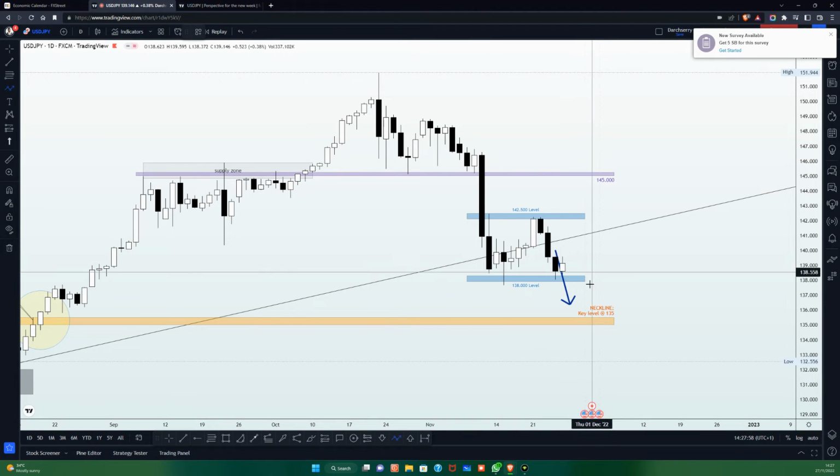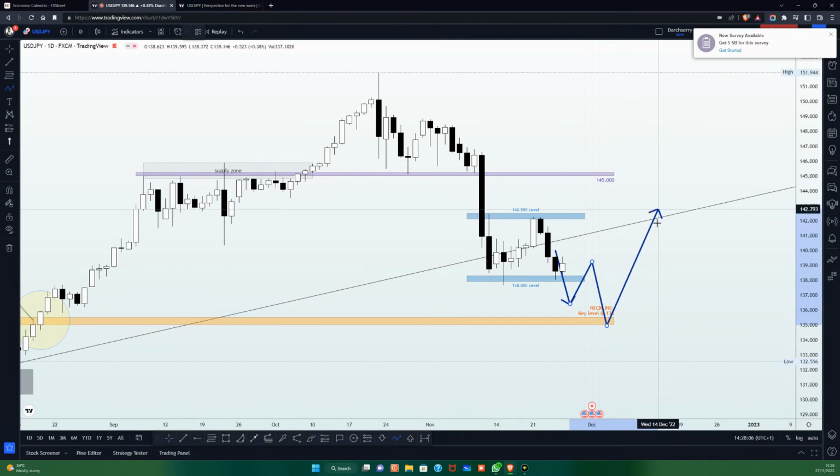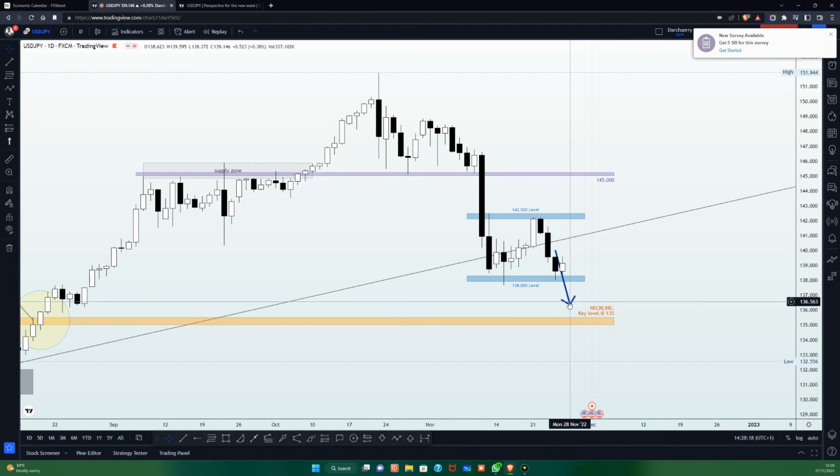So if a breakout happens, a retest of structure might likely send price back into the 135 Japanese yen level before another bullish momentum happens, or we could have a breakdown of the 135 retest of structure to further send price crashing to the downside. So these are the scenarios that I will be looking forward to as we head into the new week.